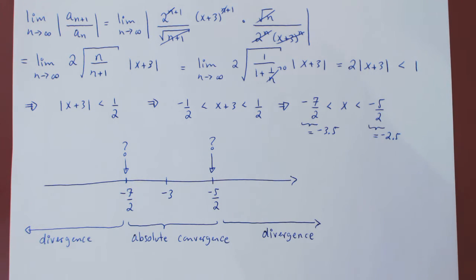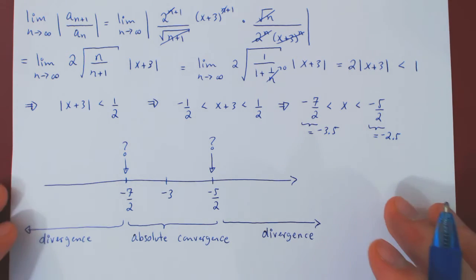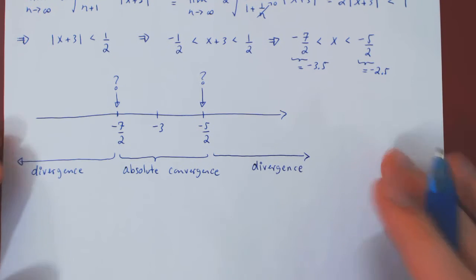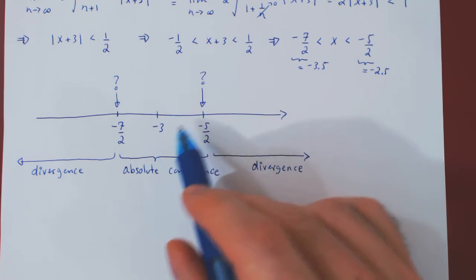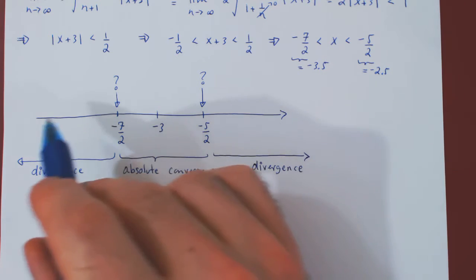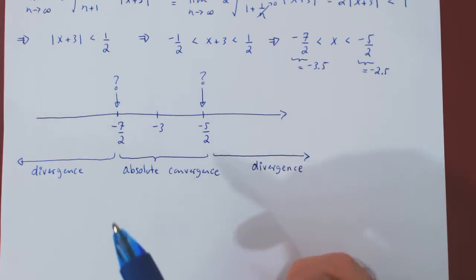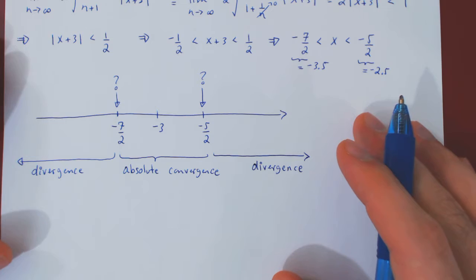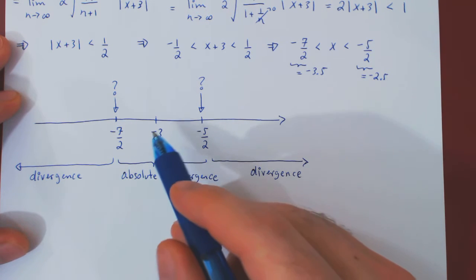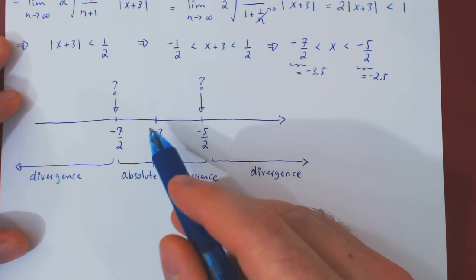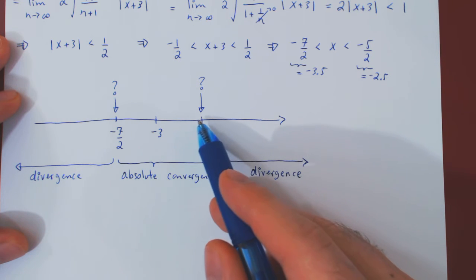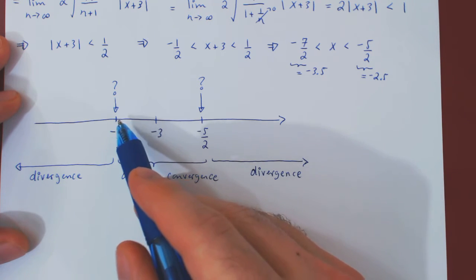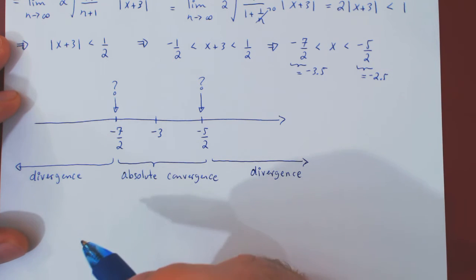And now we can simply check in both cases and plug it in, right? As we know that inside of this interval, we have absolute convergence. Outside we have divergence. At the endpoints, as of now, it remains a question. Now notice here that from negative 3, the center of the series, the center of the interval, we can walk in both directions by 1/2 and still have convergence.